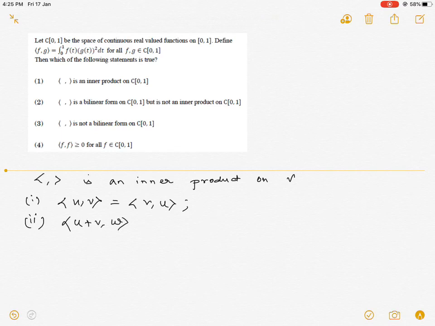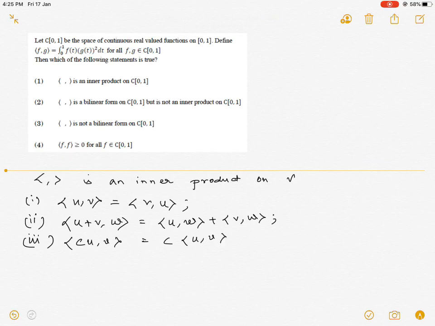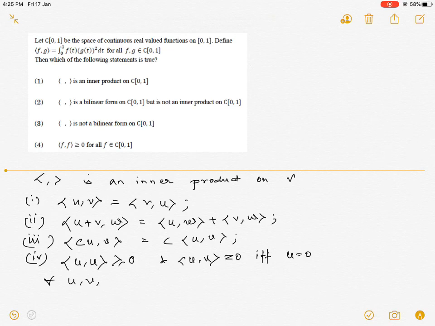Number 2, <u+v,w> equals <u,w> plus <v,w>. Number 3, <cu,v> equals c<u,v>. Number 4, <u,u> is greater than or equal to 0, and <u,u> equals 0 if and only if u equals 0.